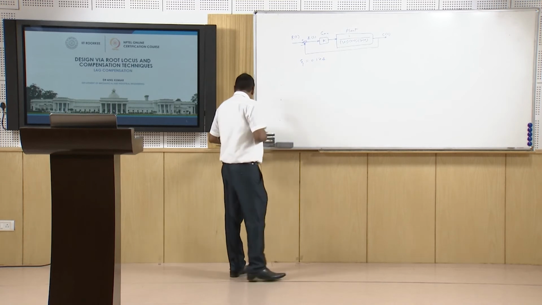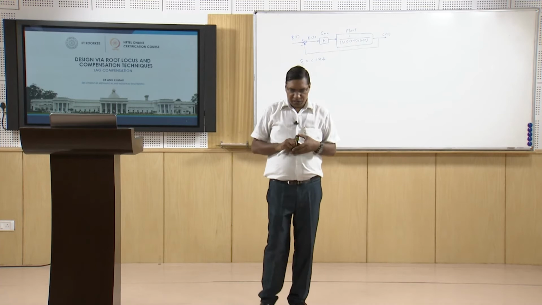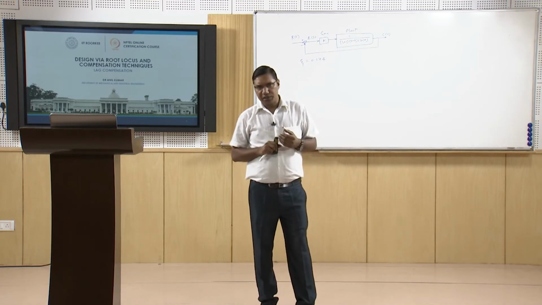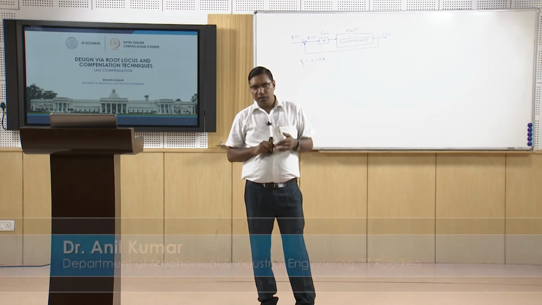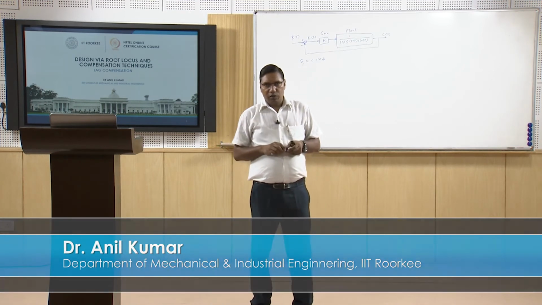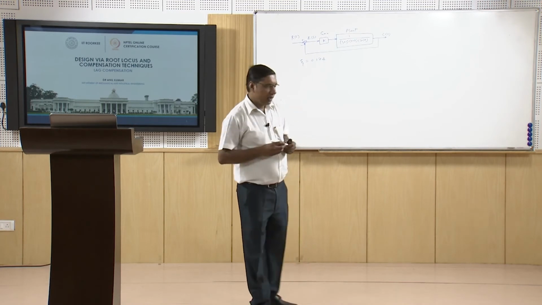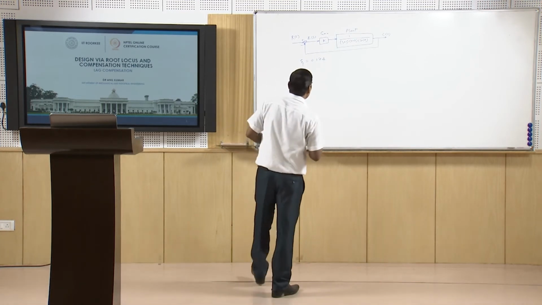So first we must find what is the steady state error of the uncompensated system. Then only we can know the objective, that is 1 by 10 of the current steady state error.